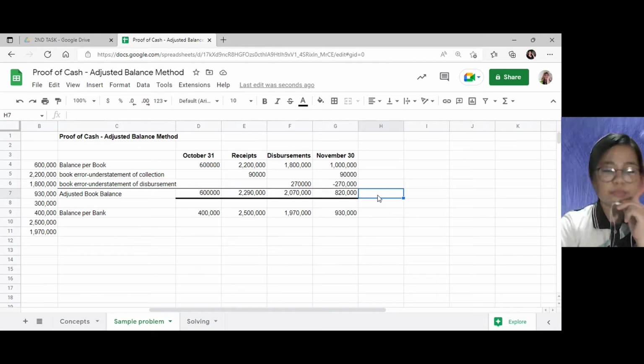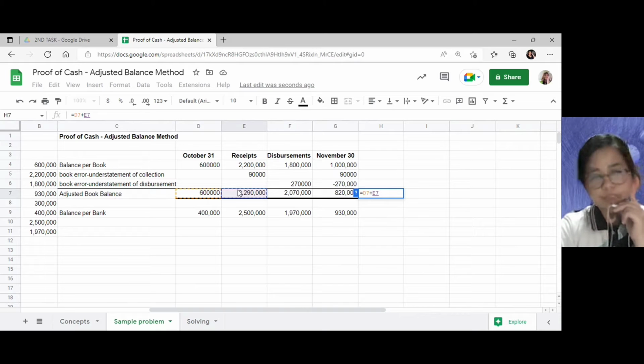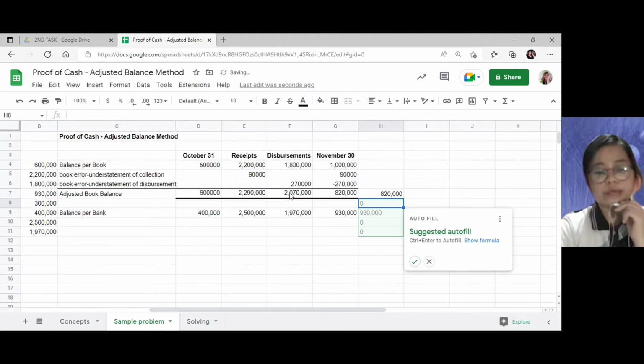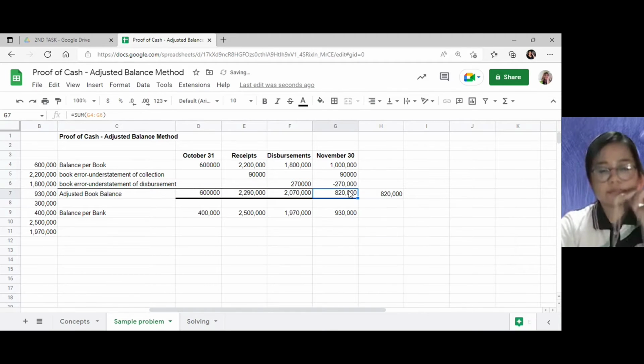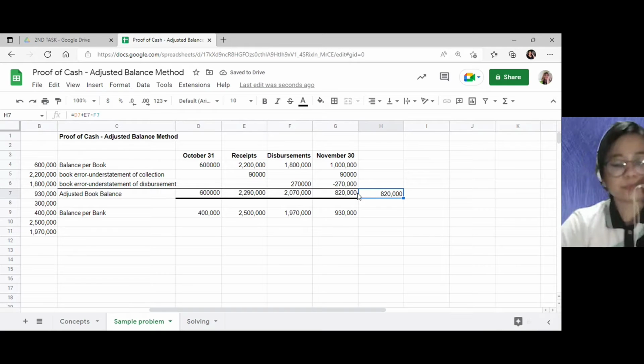For your disbursement, we have here the 1,800,000 plus the 270,000, so you will have a total of 2,070,000. And then lastly, for our November 30 balance, we simply add them, so you will have 820,000.